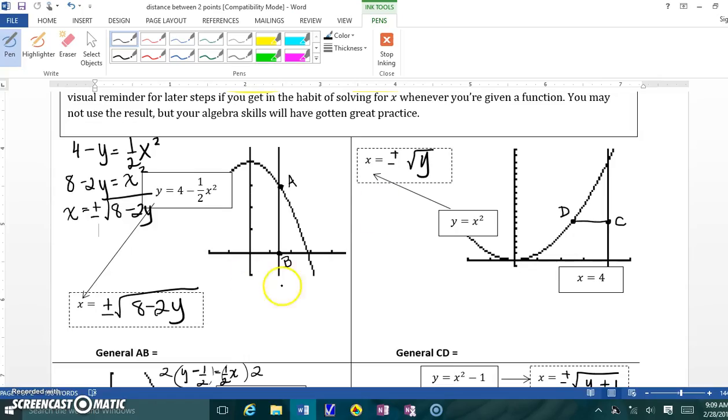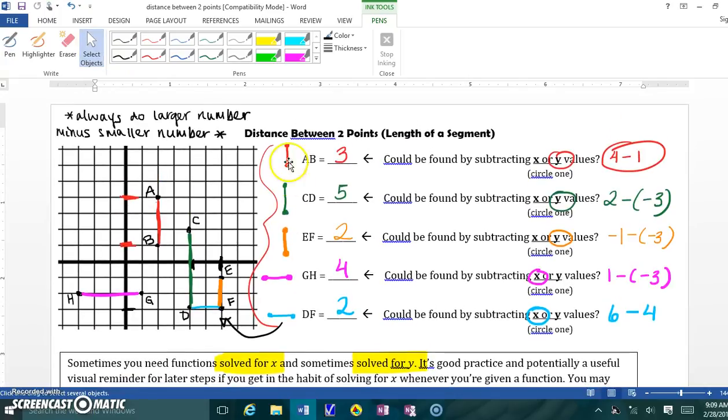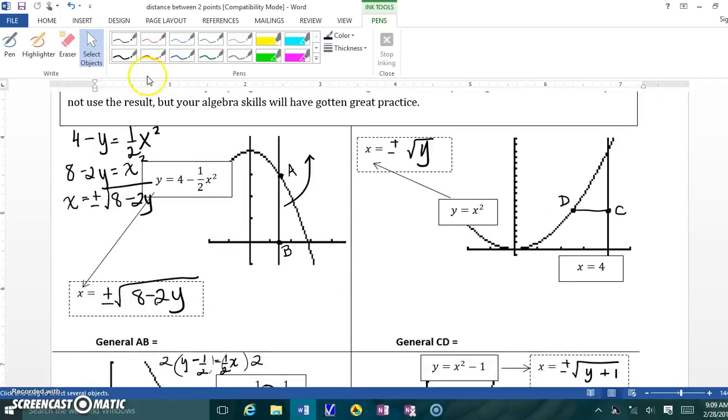So for this one here, again, I already solved the whole paper for the x values. I'll show you those as we move. The segment from A to B is a vertical line segment. So if I have a vertical line segment, what I do is subtract the y values. You might be wondering, why did I solve for x then in this dotted box?